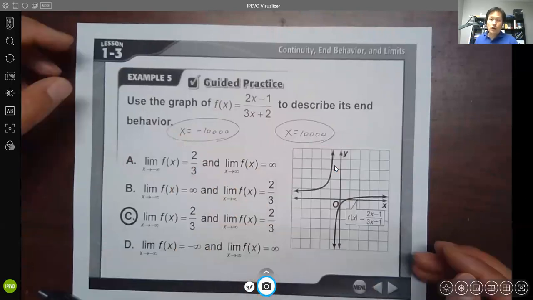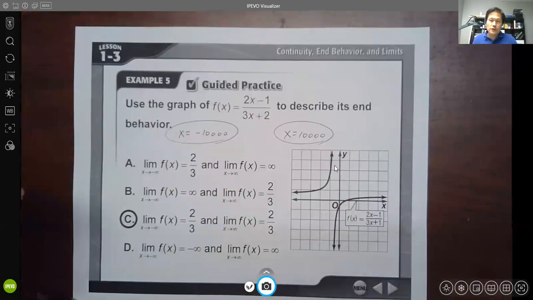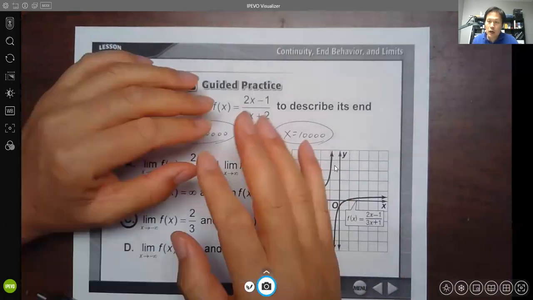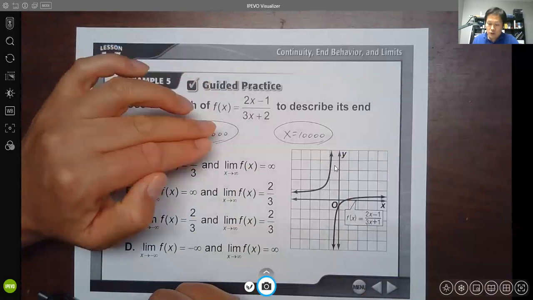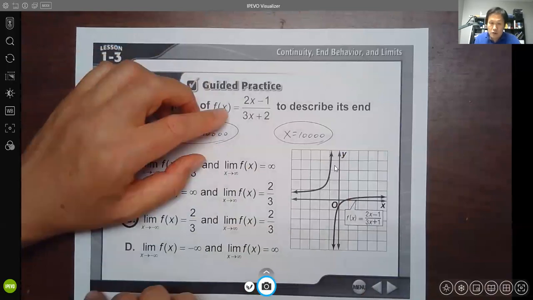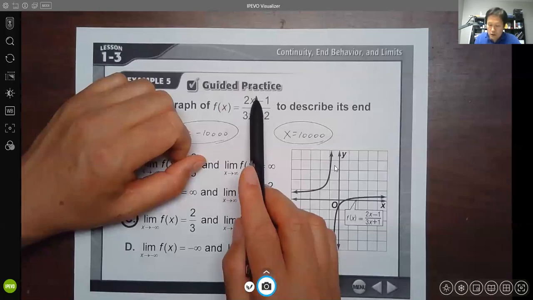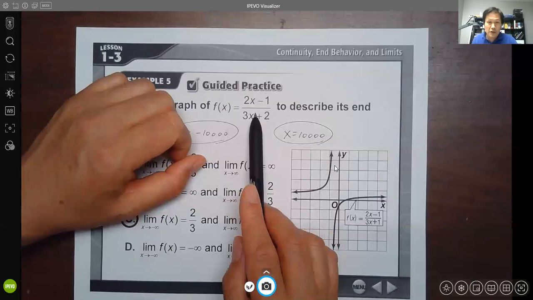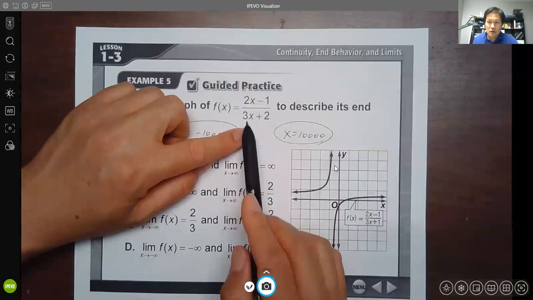Okay, using the calculator. For this one, do you remember the previous shortcut? I told you that you can compare the highest power of x in the numerator and denominator. So let's look at the x power here. The numerator's x doesn't have a power, which means it's first power. The denominator has x, which is first power too. So does the denominator have a higher power of x than the numerator? No, they have the same power.